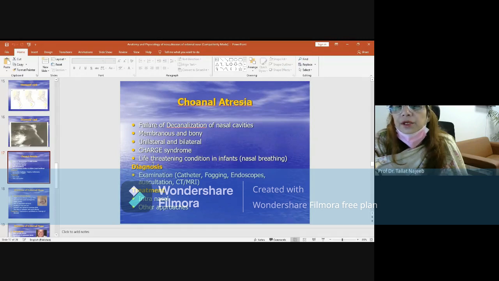If you fail to see this catheter in the oropharynx, it means there is obstruction. Fogging, because air is not entering the nasal cavity, there will be no fogging of the mirror. Then with the help of an endoscope, telescopes, you can see the obstruction in the choana.